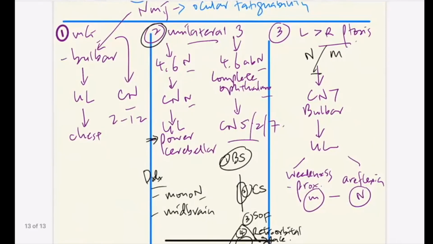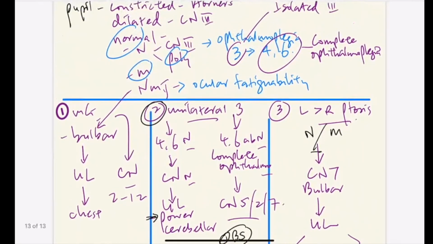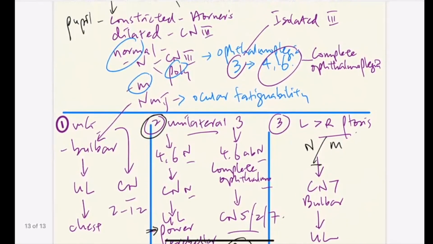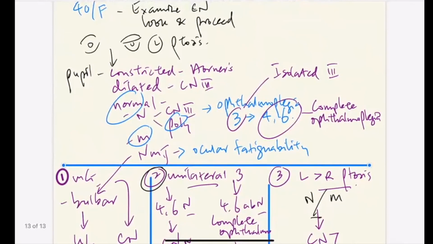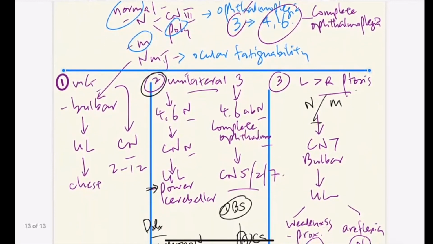We can also try another case scenario, which is a unilateral complete ophthalmoplegia. So this is how I will present. This patient was noted to have left ptosis associated with dilated pupil and complete ophthalmoplegia with restriction of gaze in all directions at the left eye.